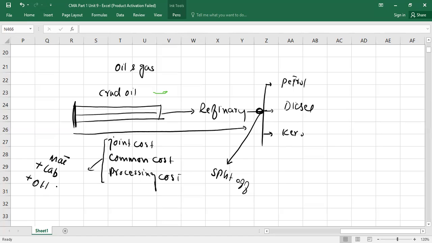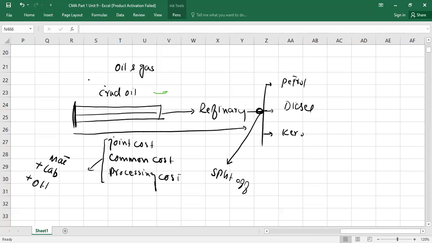Whatever cost you incur to bring the crude oil to the refinery process will also be part of material cost, because you will incur transportation cost. Then you will incur some labor cost, then some overhead cost, other expenses. Understood? So these are called joint cost, common cost, or processing cost.